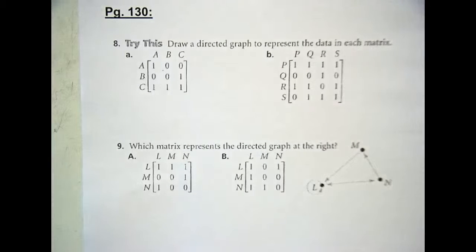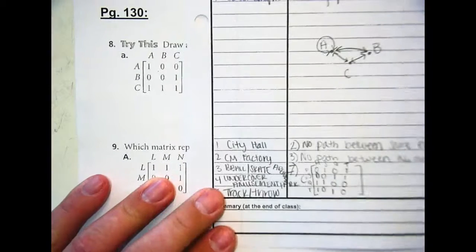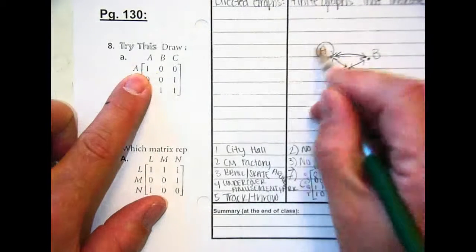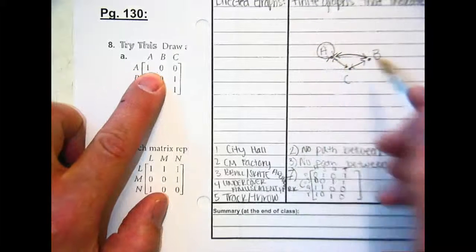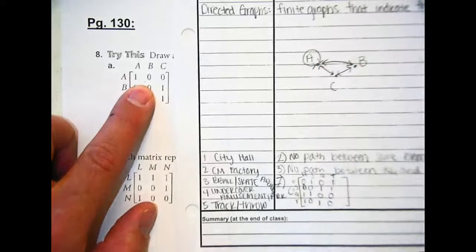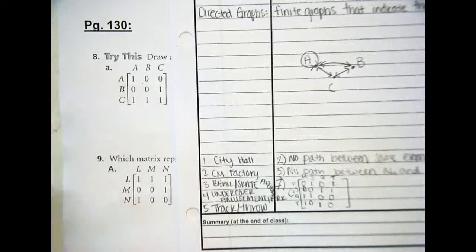Okay, so Alyssa has A going to itself. So I'm assuming she put A, B, C first. You have A going to itself. You have A not going to B, right? So we should have this piece gone.